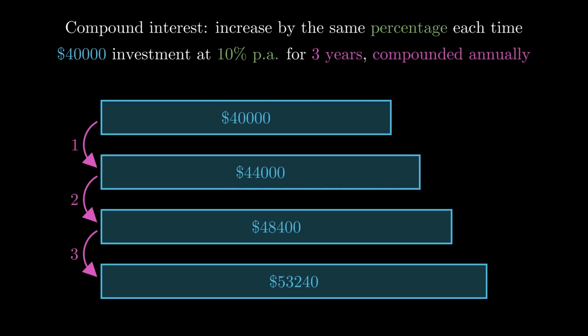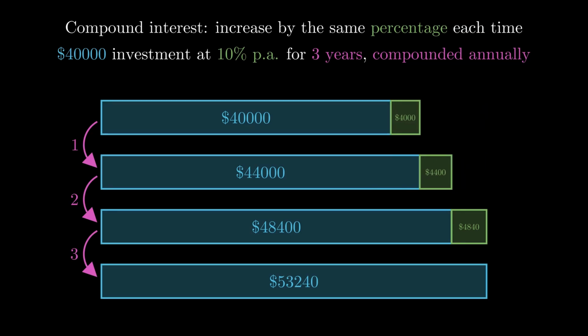In this context, when we talk about how often interest is being compounded, just think of how often our money is being updated, how often the money gets to grow. It's worth pointing out that if we look at the interest earned over the course of each of those years, we find that the amount of interest we're earning increases.